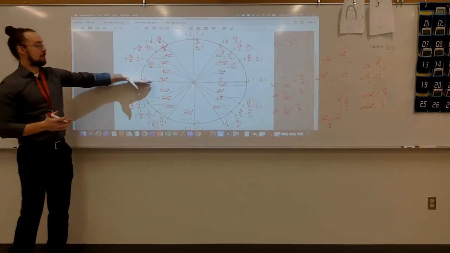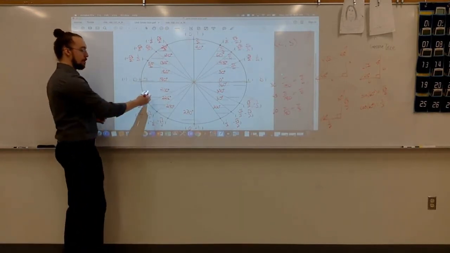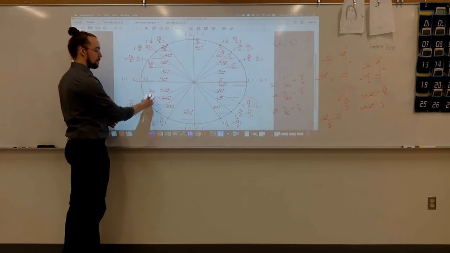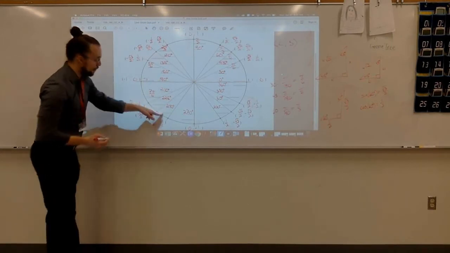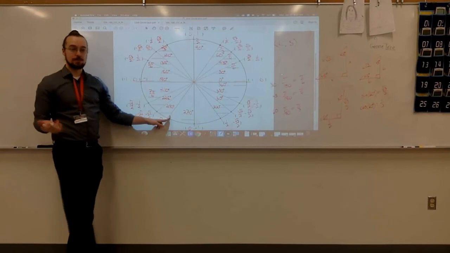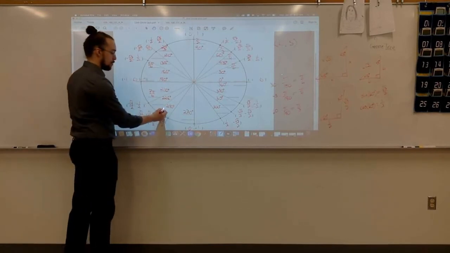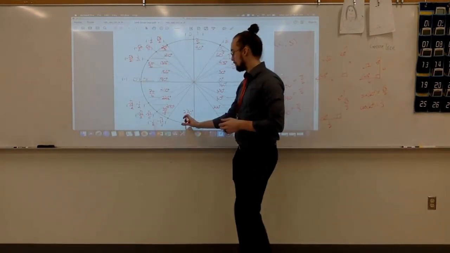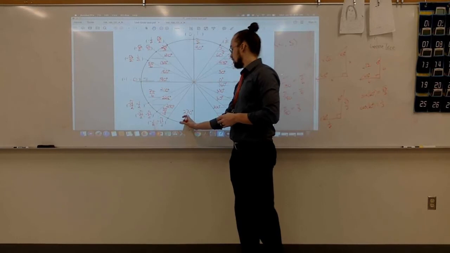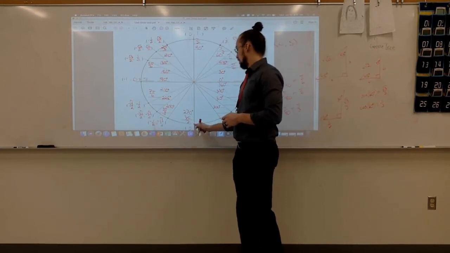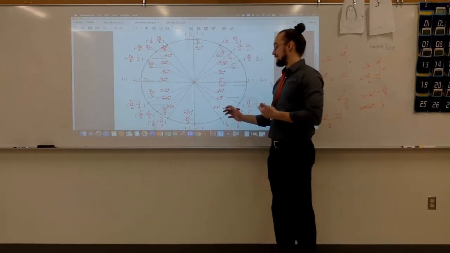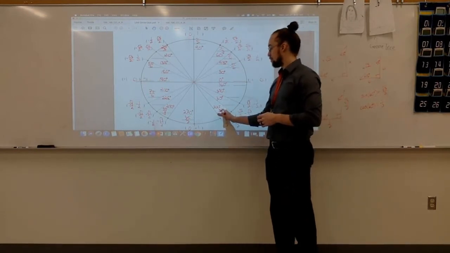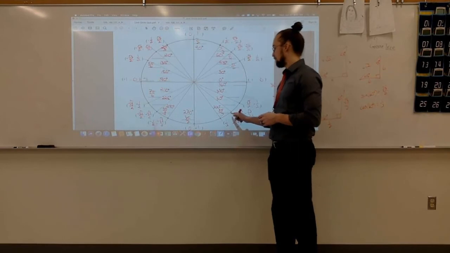Another 30, 7 pi over 6. Another 30, 8 pi over 6, which would reduce to 4/3. Then another 30, 9 pi over 6, which would just be 3 pi over 2. Another 30 would be 10 pi over 6, which would reduce to 5 pi over 3.